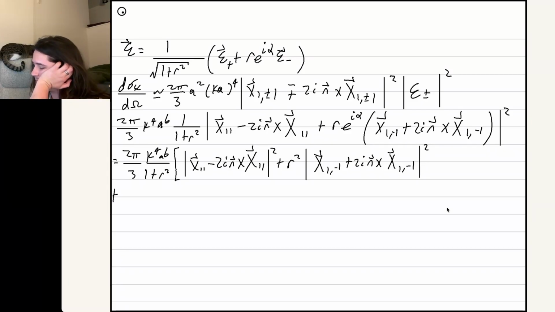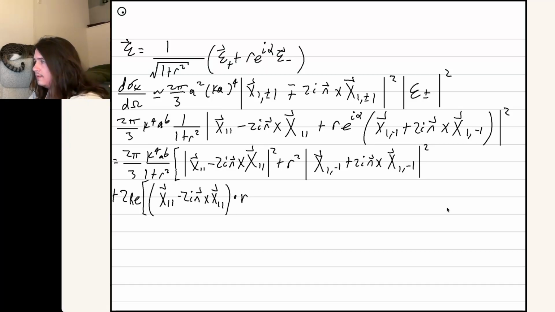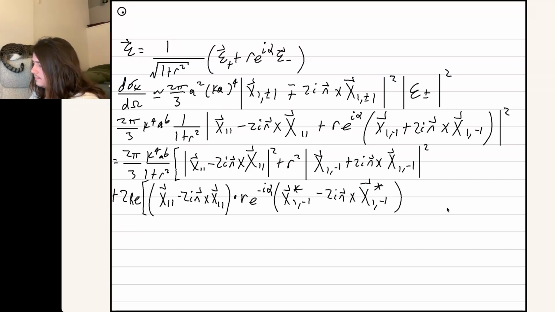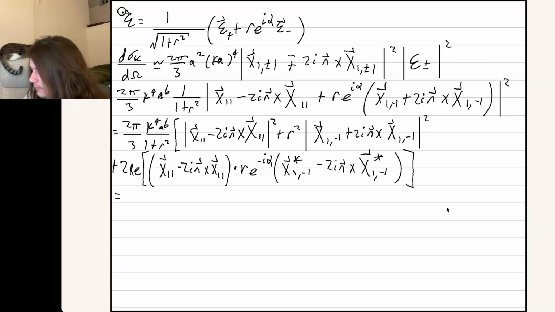And then the cross term, which is gigantic, so it's 2 times the real part of this thing, minus 2i n cross X11 dotted with the other term, which is the X1,-1 star minus 2i n cross X1,-1 star. So, okay, yeah, we have to work with this now.